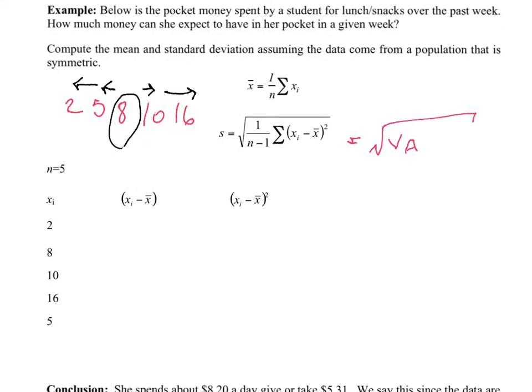What is the variance? So the standard deviation is the square root of the variance. The variance is the average squared deviation from the mean. All right, what does that mean? We will know that by the end of this video, okay?